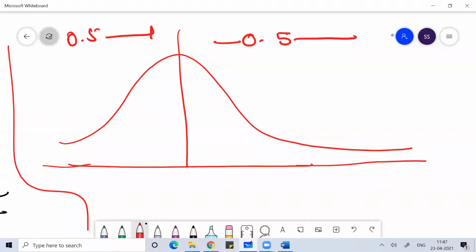Whenever we talk about a one-tail test, we have one rejection region. By reading the last line of the question, we need to understand whether this is a one-tail or a two-tail test. In one-tail you get two kinds of situation.